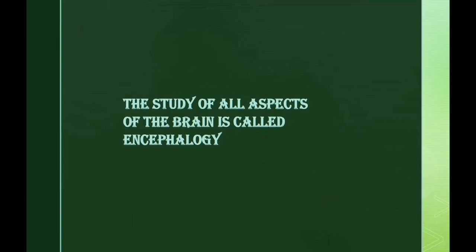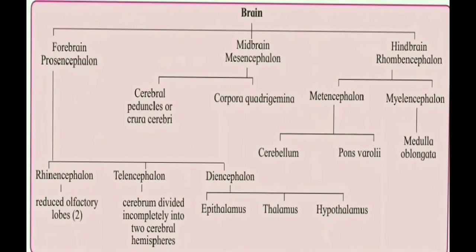We already know that the human brain is divided into three parts. Let's see this chart. The human brain is divided into three parts, that is forebrain, midbrain and hindbrain. Forebrain is also called Prosencephalon. Midbrain is called Mesencephalon and hindbrain is called Rhombencephalon.